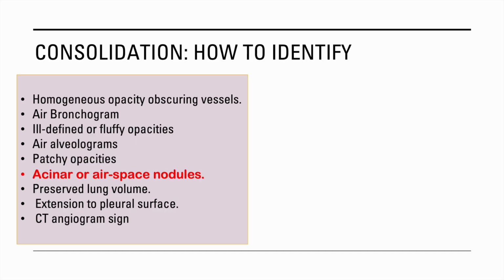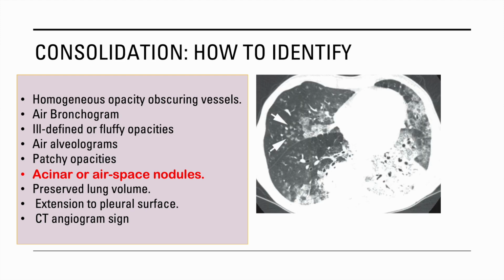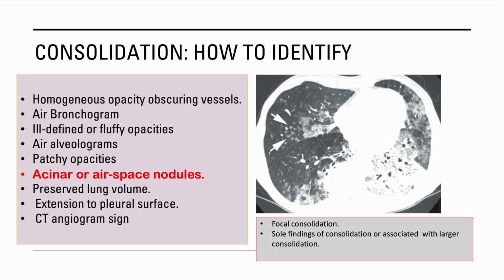Consolidation can also present as central lobular or peribronchial nodules. In this CT image, you can see bilateral, ill-defined central lobular nodules in the right middle lobe. Sometimes these nodules are the sole finding of consolidation, while other times they are associated with larger areas of consolidation.